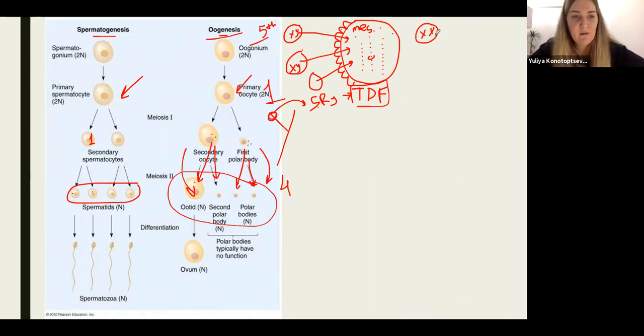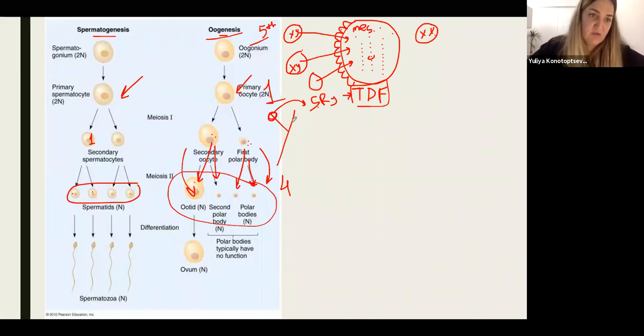In the female, PGCs also align into the sex cords. But is there a TDF in the female? No. Why not? Because there is no SRY, because there is no Y chromosome. So as a result, in female, PGCs dissociate into clusters. They don't stay as the cords, they simply become clusters.